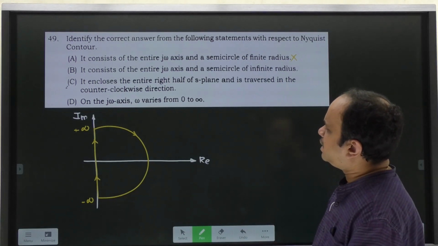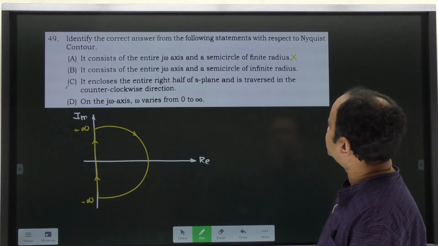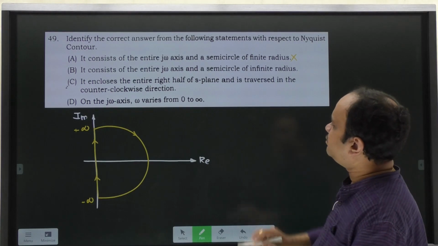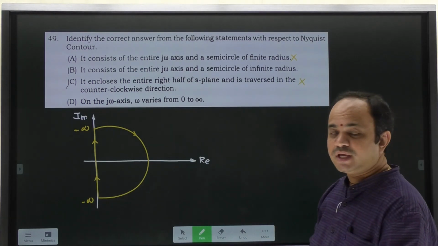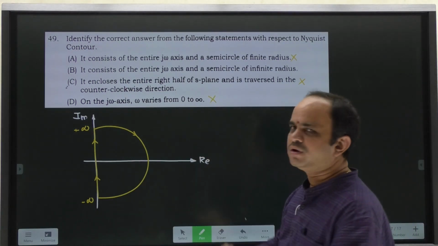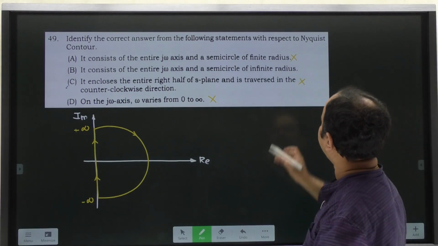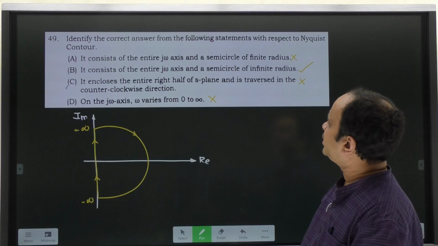Now option C, it encloses the entire right half of the S plane. It is okay, but it is traversed in the counterclockwise direction. This is also wrong. On the j omega axis, omega varies from 0 to infinity. This is also wrong, it is minus infinity to plus infinity. Therefore option B we can select as the appropriate answer.